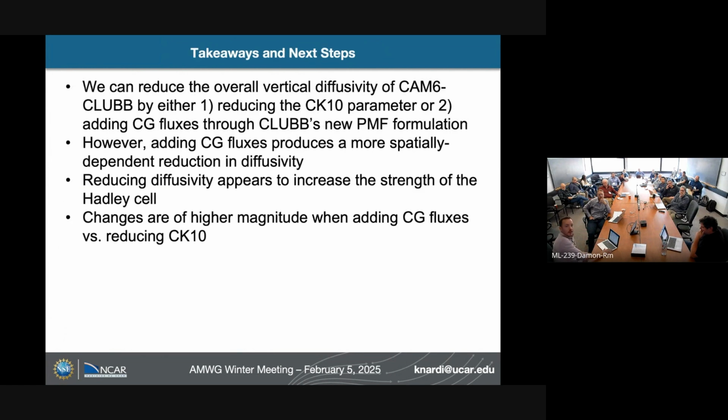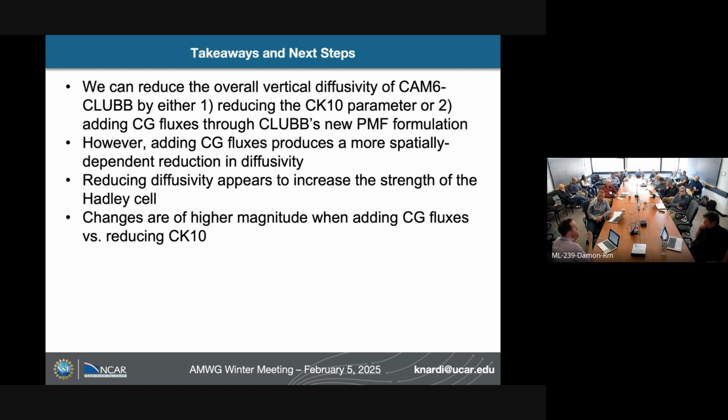I'll just show my takeaways here. So essentially, we're finding that we can reduce diffusivity in CAM6 in two different ways through CLUBB. So with diagnostic momentum flux, we can reduce CK10. With prognostic momentum flux, we're essentially going from no countergradient fluxes to having countergradient fluxes. So in both cases, it's reducing diffusivity, but adding countergradient fluxes produces a more spatially dependent reduction in diffusivity that we think is related to the spatial location of where these countergradient fluxes are occurring, where buoyant production and turbulent advection are occurring.